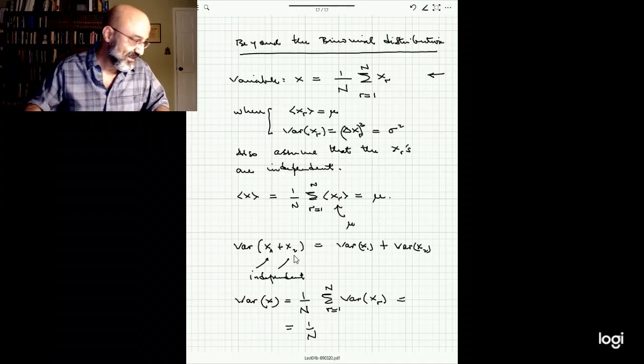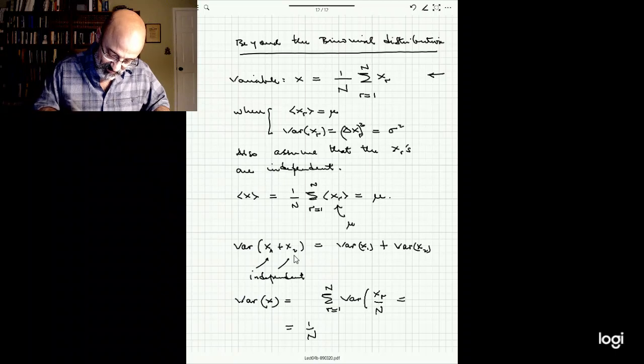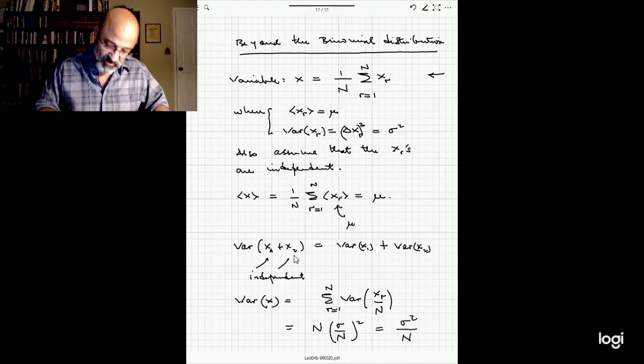Okay, I made a mistake here. That's what happens when I'm trying to rush things. This is the sum of the variances of xr over n. Now what we have here is n terms, and the variance of xr over n is going to be sigma divided by n, all squared, so that the variance of the sum is going to be sigma squared over n.